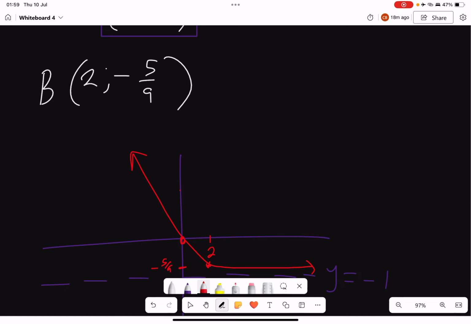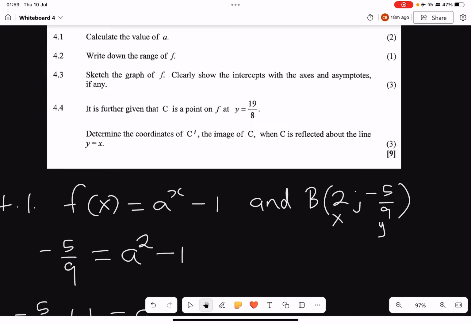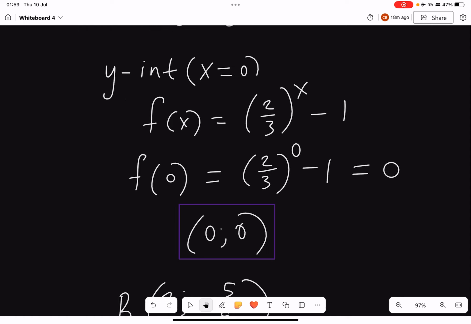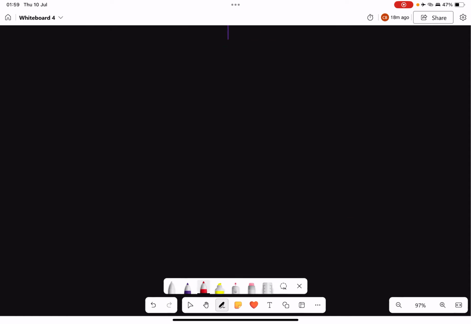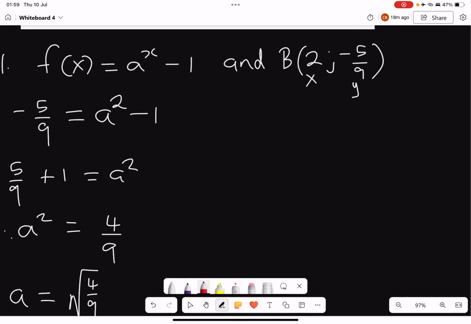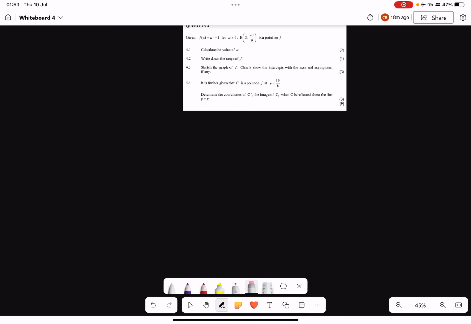Okay? Now let's read 4.4. What does 4.4 need us to do? They say it is further given that C is a point on f at y equals 19/8. Okay, let's do that. So let's write f of x down. Let me just erase some parts so that we can be clear with what we're writing.